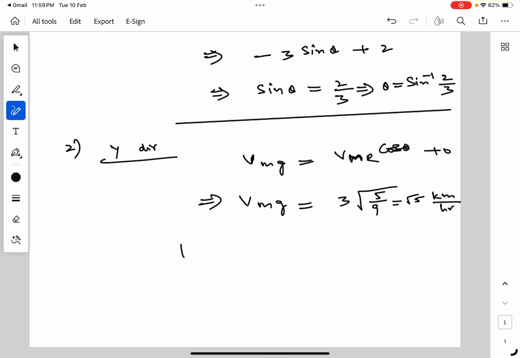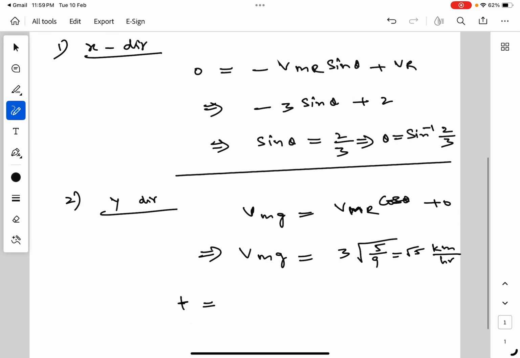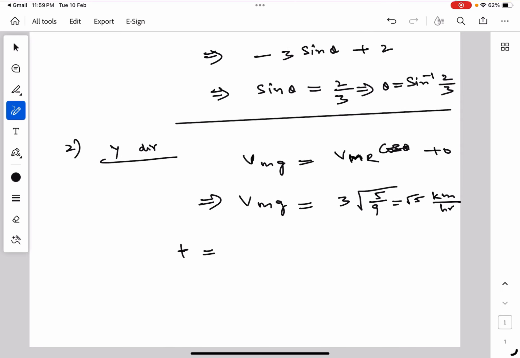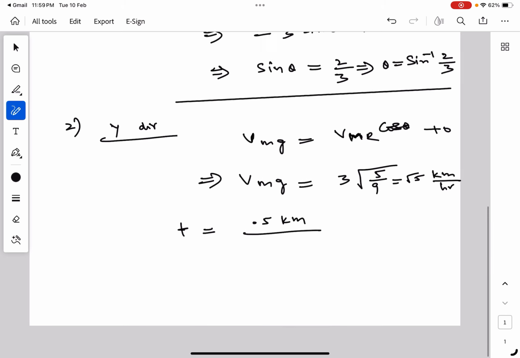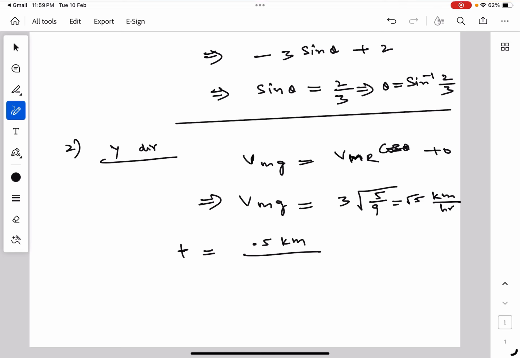So time taken to cross the river to reach the just opposite point will be equal to the width of the river, 0.5 kilometer, and the velocity of the man with respect to ground is root 5 kilometer per hour.